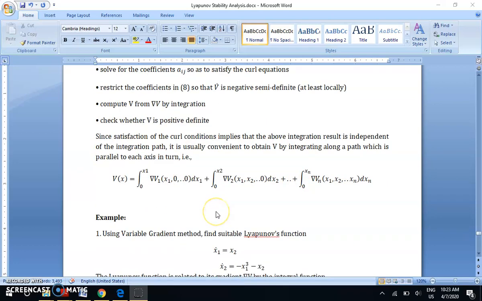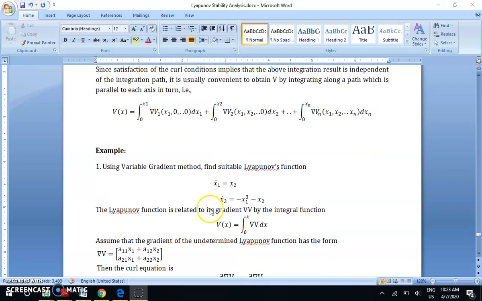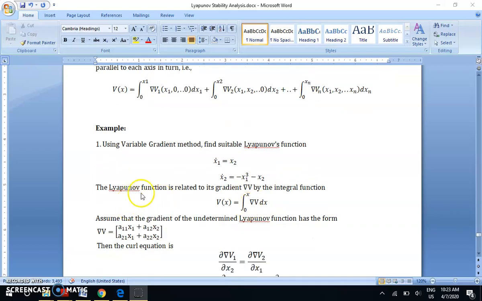Now let us take an example of a second order system. Using this variable gradient method, let us find the Lyapunov function for the system x1 dot equal to x2 and x2 dot equal to minus x1 cube minus x2. Now we know that the Lyapunov function is related to the gradient through the integral, v of x is integration from 0 to x of ∇v dx.